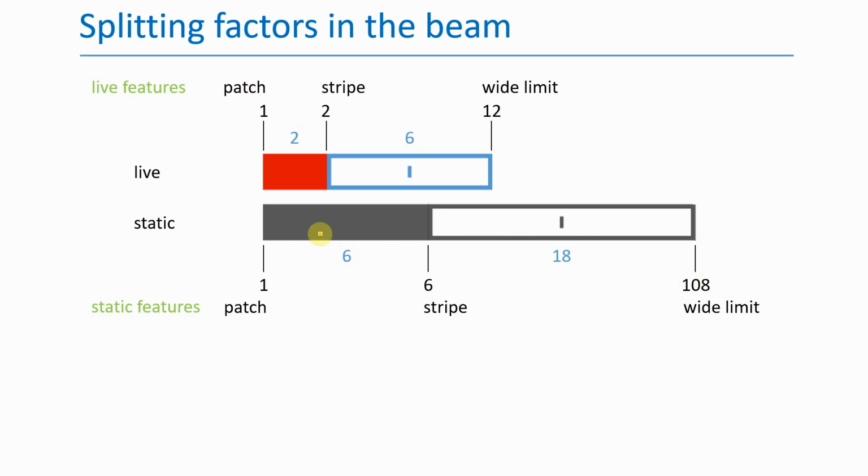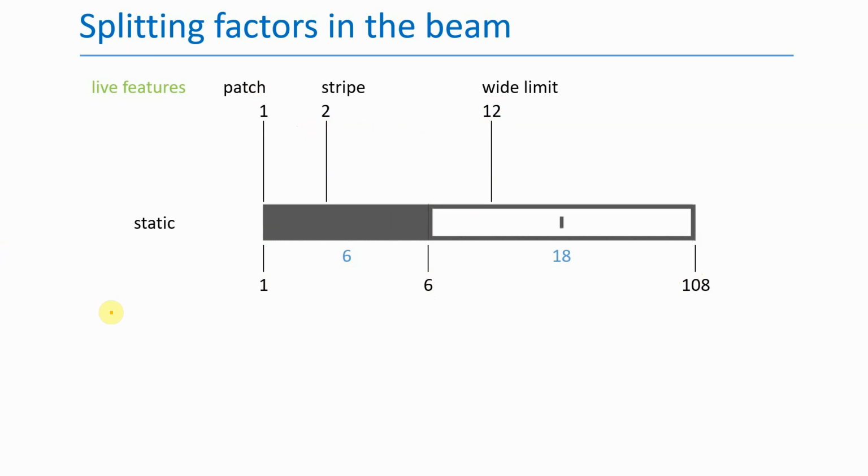Now we'll split the static into subfactors. We'll start with the lowest ranking factor. Its floor is at 1 and its ceiling is at 6. We split it by any live features that are greater than 1 and less than 6. In this case, there is one such feature at 2. To split, we just include 2 as a new static feature.